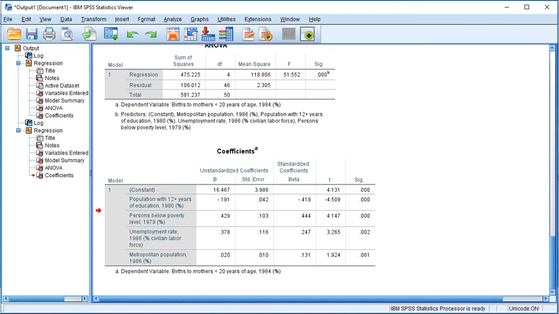So if we were interested in reporting the results of a standardized regression model, we report the coefficients listed under the beta column. But the t-test and probability values are also appropriate for the standardized coefficients as well. So in the case you had to report a standardized regression model, that's where you find the output in SPSS.